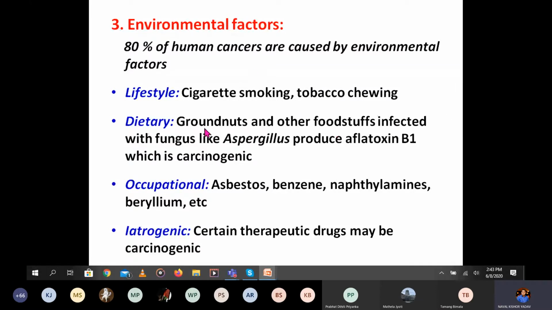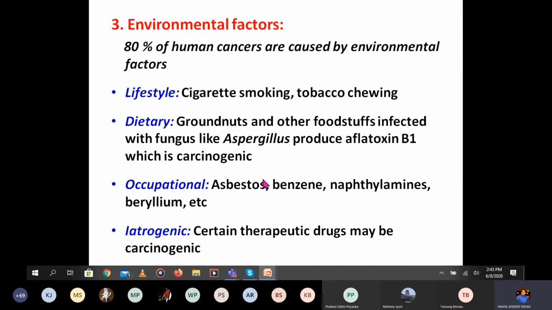In diet, you can see groundnuts and some foodstuffs, when infected with the fungus known as Aspergillus, which produces aflatoxin B1, which is carcinogenic. When the aflatoxin contaminates groundnuts and foodstuffs, then a person will develop cancer.